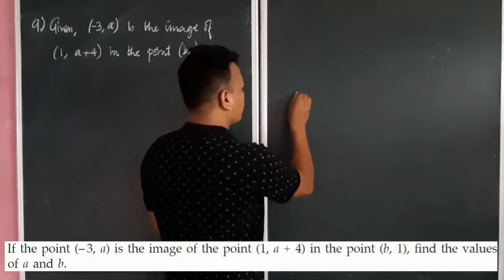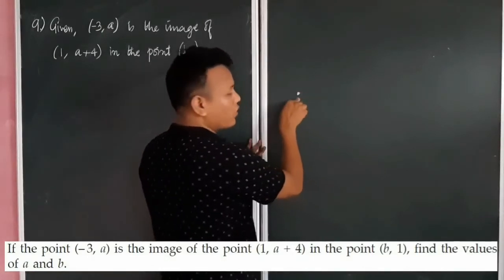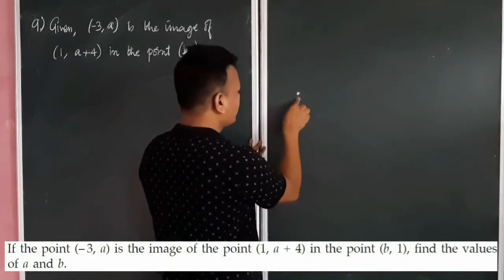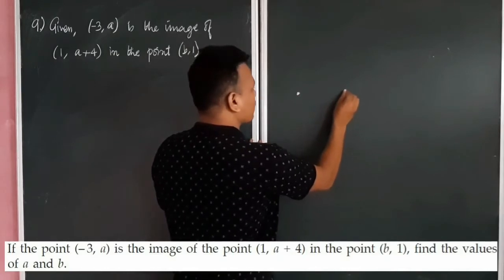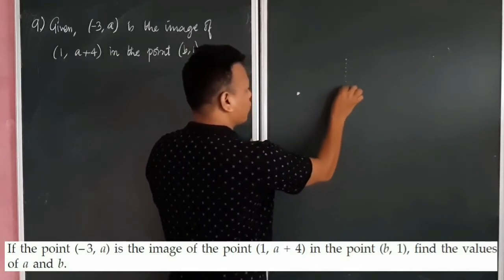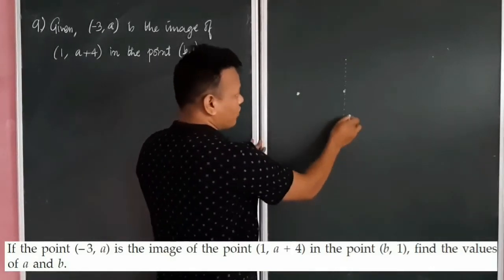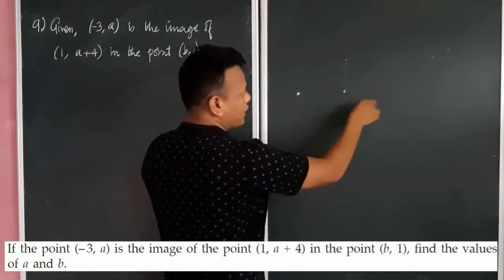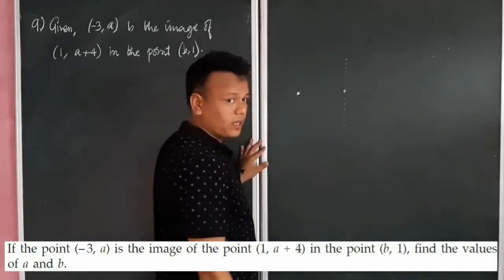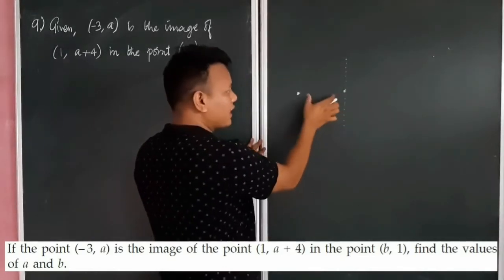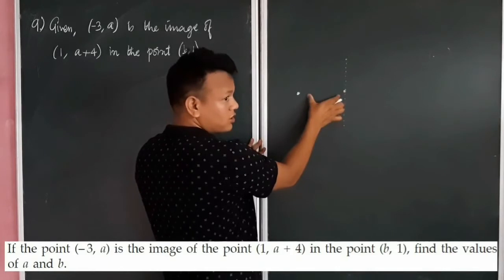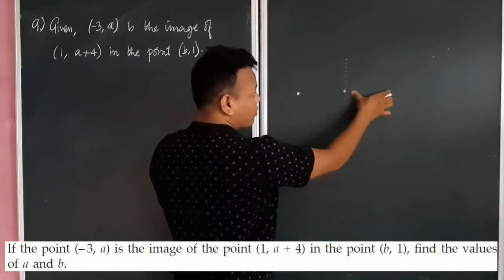Suppose you reflect this point along this point, so basically this point is like your mirror. When you reflect this point along this, you will get another point as the image, and that image will be at exactly the same distance. However much this distance is, the same distance will be covered by the image as well.